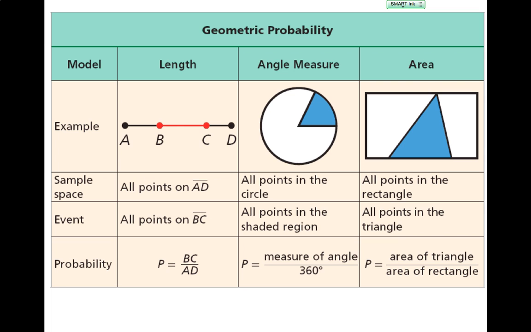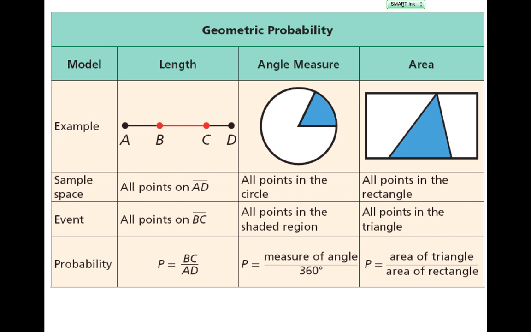It's not blue part to white part; that is odds, when you compare hitting it and not hitting it. What we do in probability is compare the area of what we're interested in to the area of the whole thing. So there's a little bit of difference between odds and probabilities.